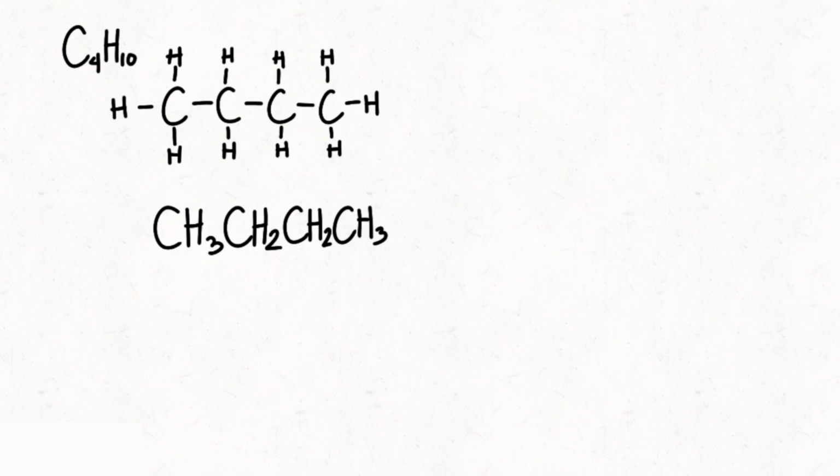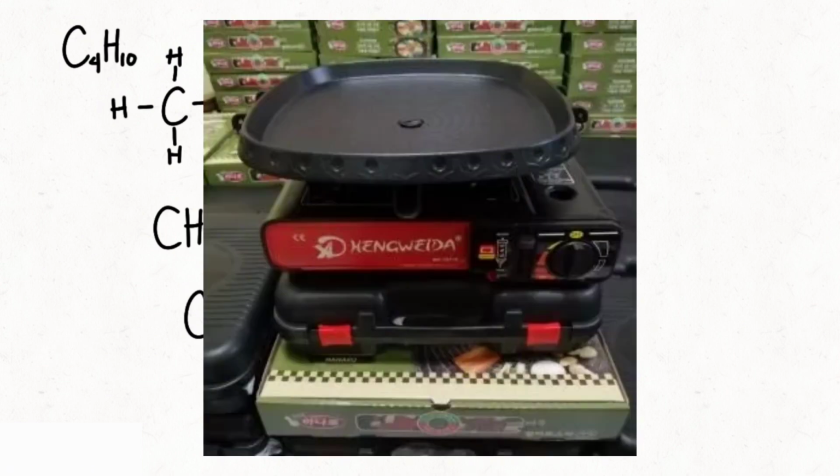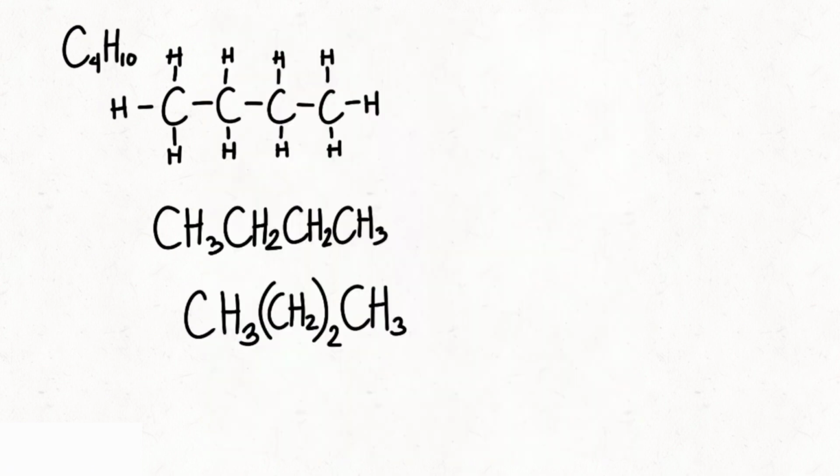Starting with this alkane that has 4 carbons, you may use a shortcut for the condensed structure. Just write the CH3 and then count the number of CH2. In this case, there are 2 CH2, so you may write it like that. I guess the name of this alkane is very familiar to you. Yes, the name of this alkane, which is a gas, is butane, which has 4 carbons.